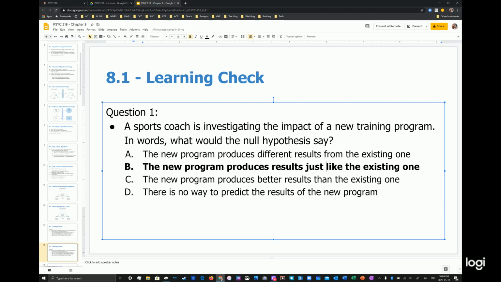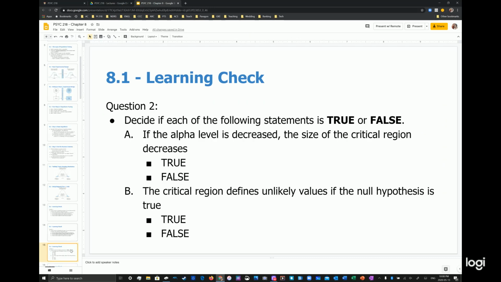And so the new program comes in, they try to see if they improve the scores, and then it turns out the scores are just exactly the same or very close to exactly the same. So that would match or support the null hypothesis that would say, oh yeah, the program just does the same thing. There's no effect. There's no point. No difference. Okay, so question 2, let's give these a try, true, false.